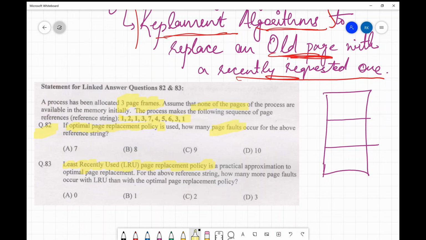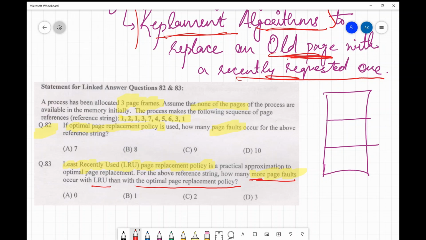For the above reference string, how many page faults are there with LRU? Important thing over here is how many more page faults occur with LRU than with the optimal page replacement policy.